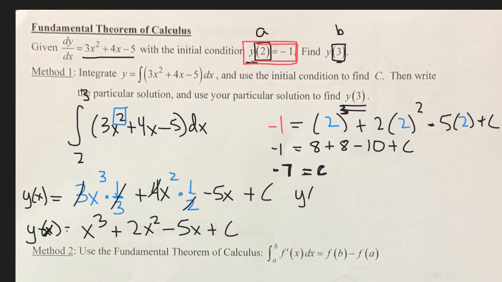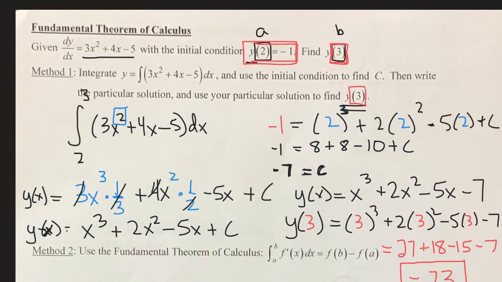That gives me the equation x cubed plus 2x squared minus 5x minus 7. Okay, so that's my equation that I start with, and when I take the derivative, I get this as my derivative. So now I can plug positive 3 into my equation to figure out what y of 3 is. So let's do that. Okay, and we get 23. So when x is 3, our y value is going to be 23.